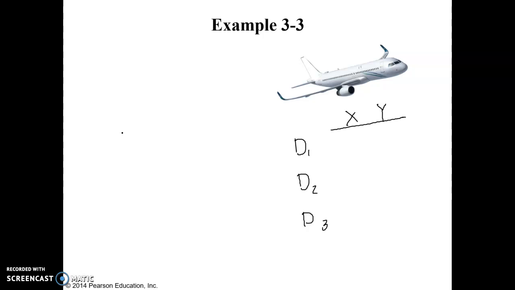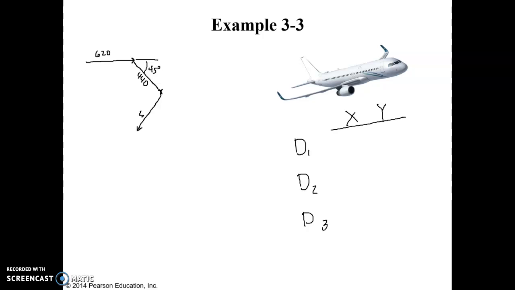So if I redraw a diagram here, our D1 was perfectly horizontal, due east 620 kilometers. Then the next leg of the journey was 440 kilometers at a 45-degree angle. And then the last was southwest.